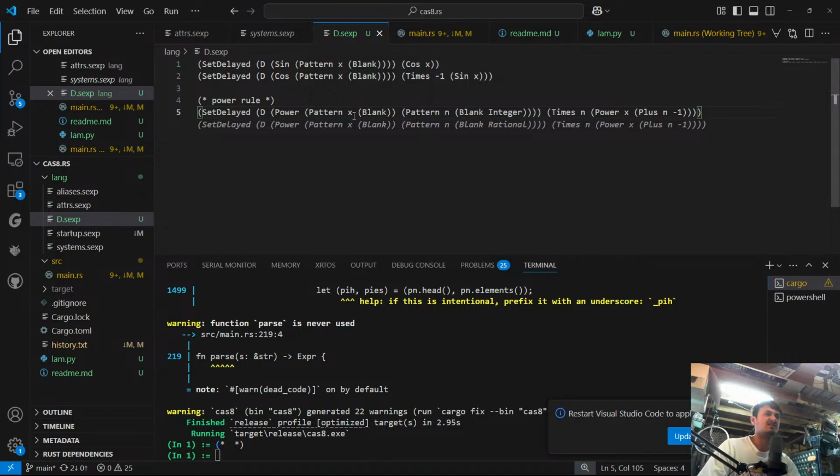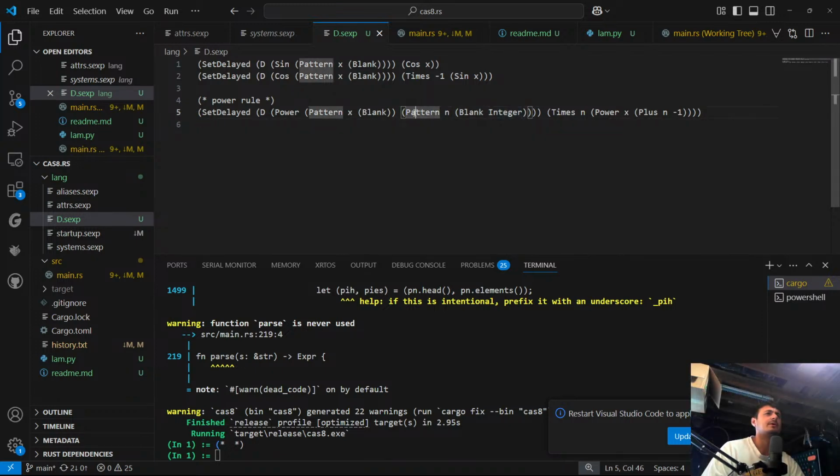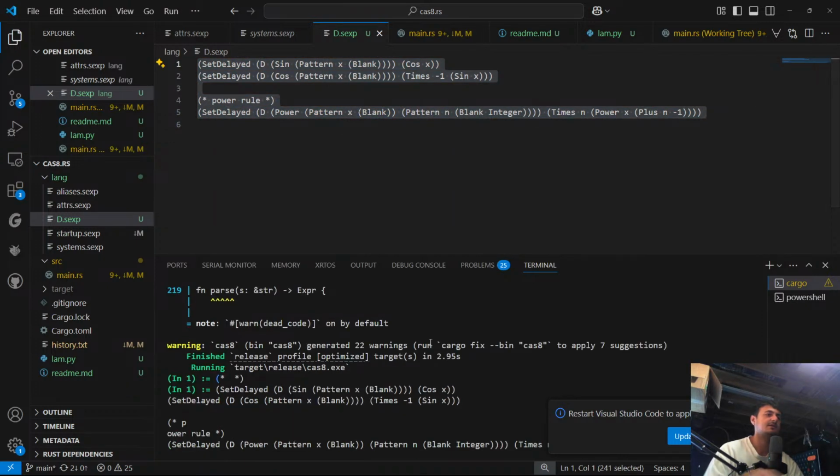Okay, so what other rules do I need? Product rule? Oh wait, we do want this actually. We want the integer here, that's right. Let's just see if I copy this in.